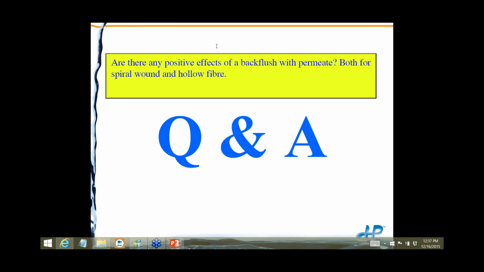We call that permeate back pressure damage. If you ever have more than, say, 5 psi or 10 psi of pressure on the permeate side versus the feed side, chances are you're going to damage the membrane. And if you get to 15 psi more pressure on the permeate side than the feed side, it's a given that you're going to damage the membrane.